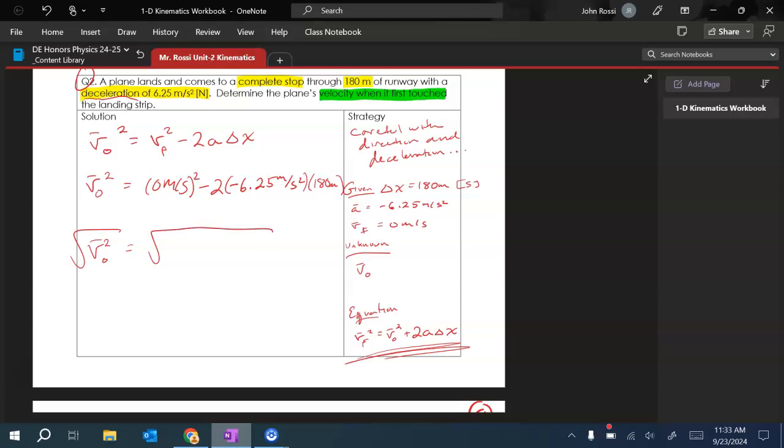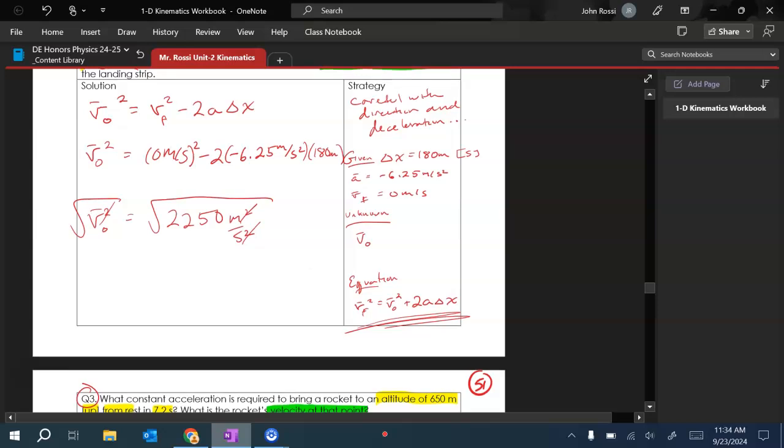So I can do this all in the calculator at once, or I can get the information and then take the square root. Like if I get the information, it was 2,250 meters squared over second squared. Get the square root of all that. What's going to happen is that's no longer going to be squared, right?